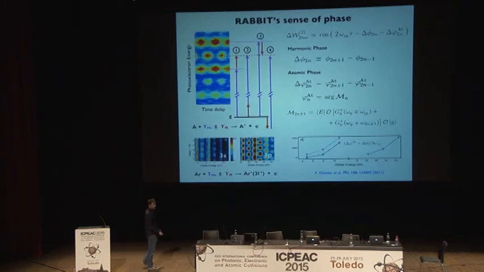Now, to retrieve this phase information, one can use a novel attosecond pump-probe technique, such as RABBIT. In RABBIT, one uses an attosecond pulse train in conjunction with a weak delayed IR probe to ionize the atom or molecule and record the spectrum as a function of the time delay.